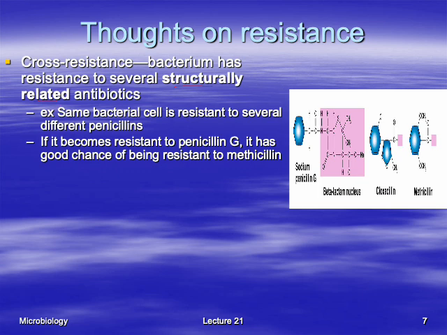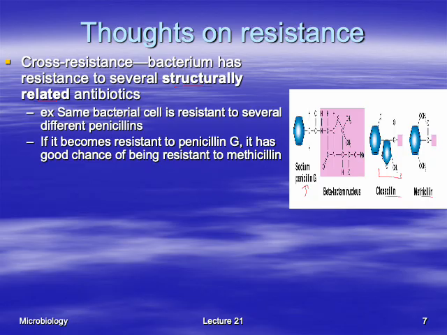So, for instance, if a bacterium is resistant to penicillin G, it has this beta-lactam nucleus, well, that bacteria might also be resistant to some other penicillins like methicillin and cloxacillin. All right. Now you could argue, well, maybe the side chain here would stop the beta-lactamase from accessing the beta-lactam. And that's true. But I'm just saying that's something you have to keep in mind.